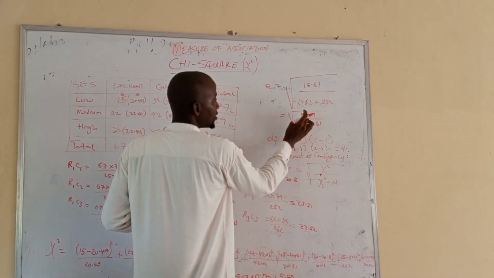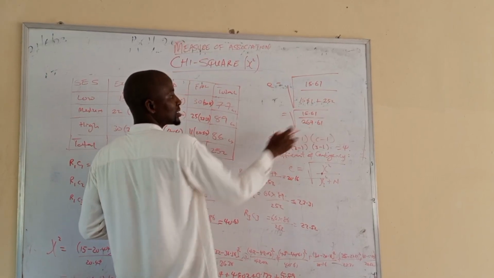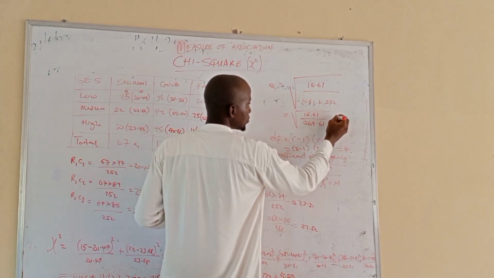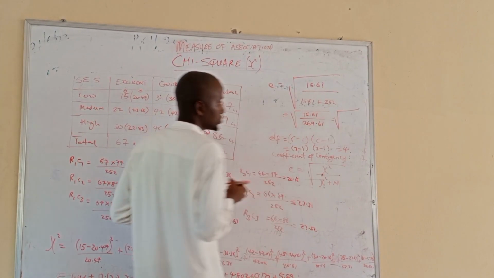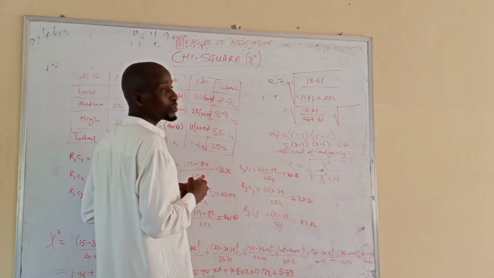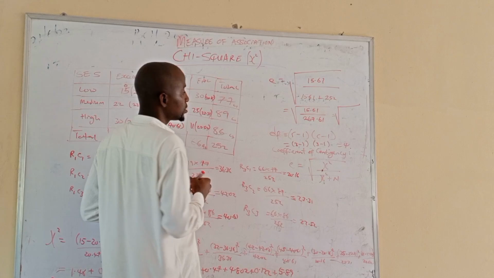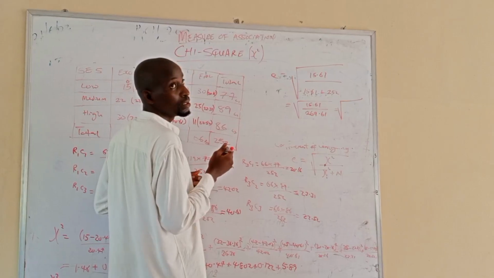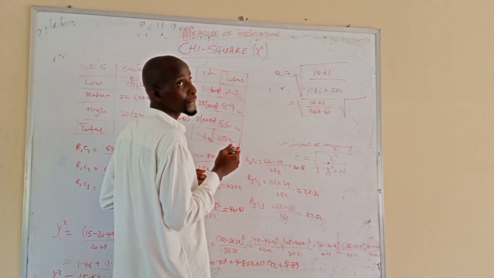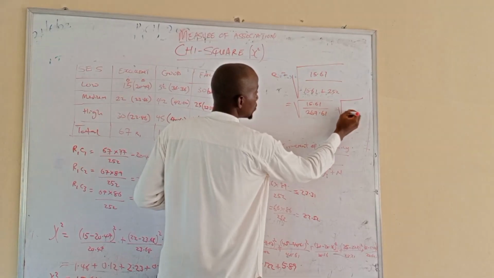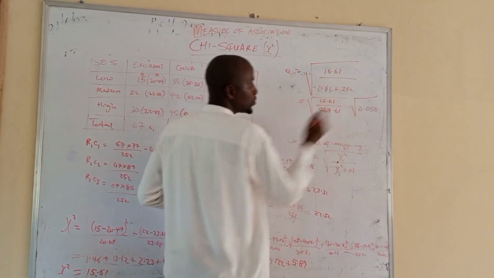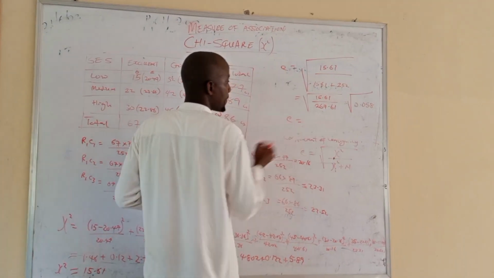So you divide 15.61 by 267.61, and that will give you what? 0.058. Square root of 0.058.